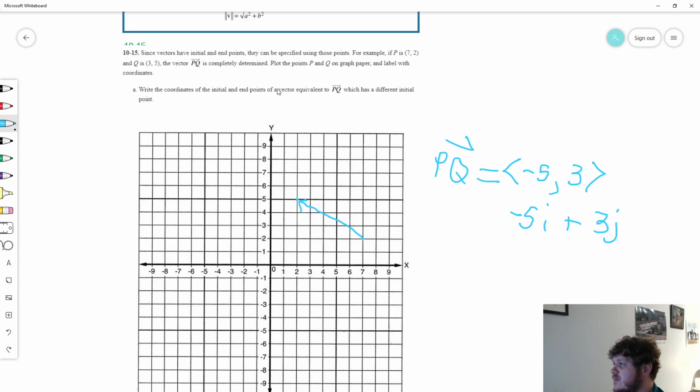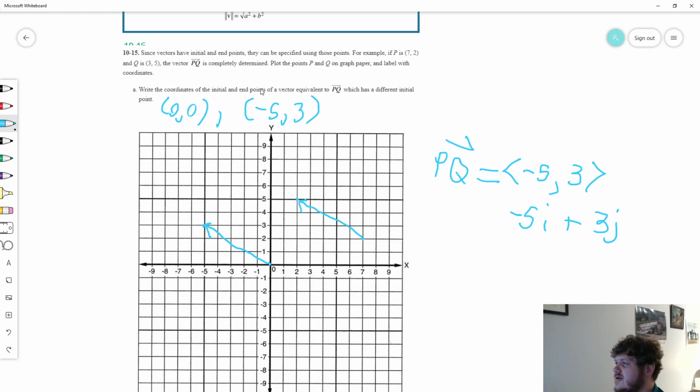Now what we need to do next is write a vector equivalent to that. We could go really simple for part A: we could just start at 0, 0, and then go back 5, up 3, and we have a vector equivalent to PQ, which we could write as 0, 0 and -5, 3.